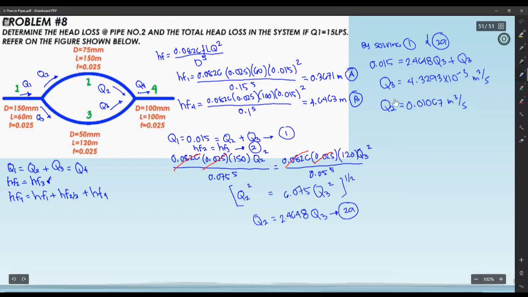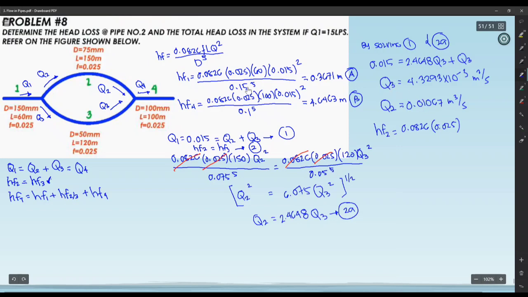Okay, so since guys meron na tayong value ng flow rate at Q3 and Q2, I think we can now solve for the value of the head loss at 2 and 3. Okay? So unahin muna natin yung head loss para kay pipe 2. So to solve for that, so just use the same formula. 0.0826 multiplied by the friction factor for pipe number 2, 0.025.